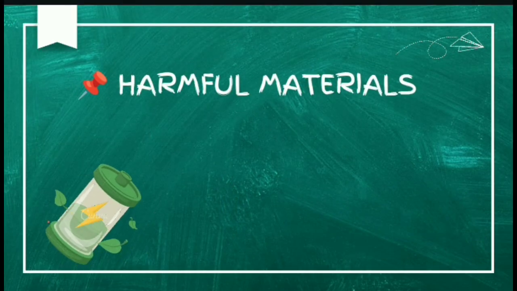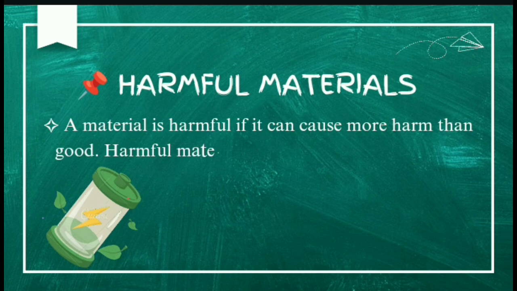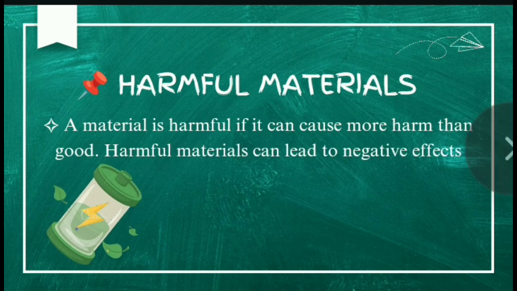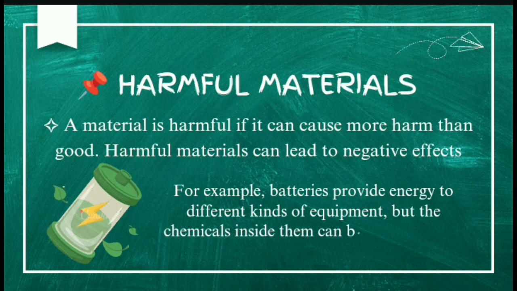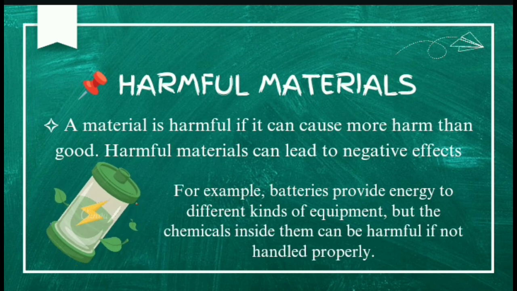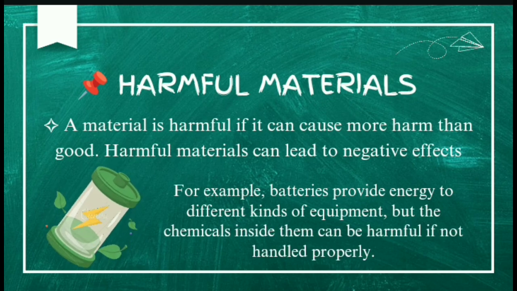Let's look at the harmful materials. A material is harmful if it can cause more harm than good. Harmful materials can lead to negative effects. For example, batteries provide energy to different kinds of equipment, but the chemicals inside them can be harmful if not handled properly.